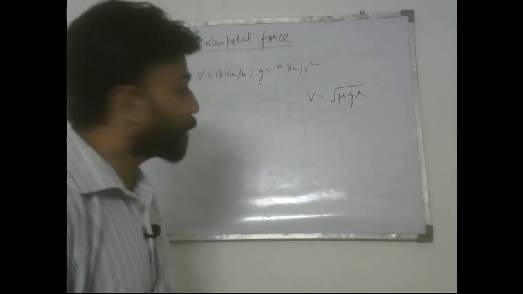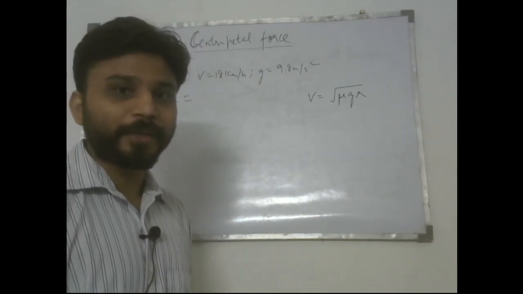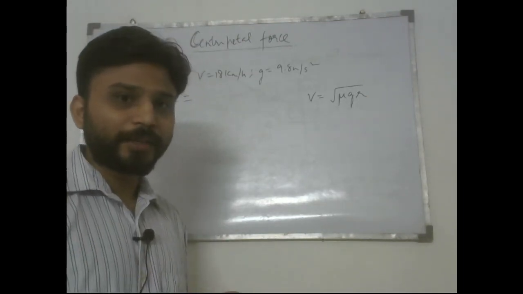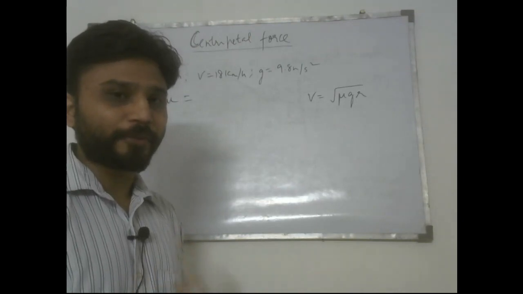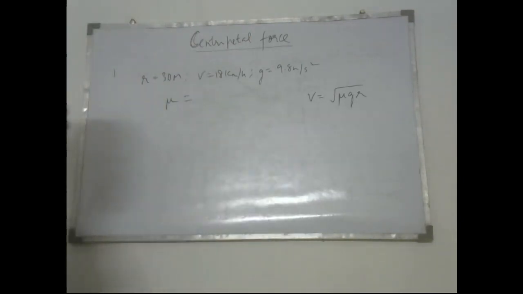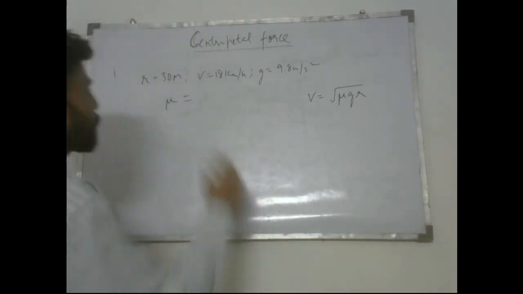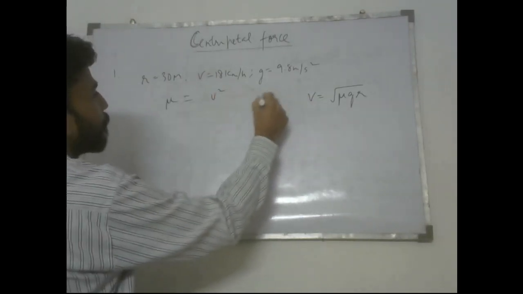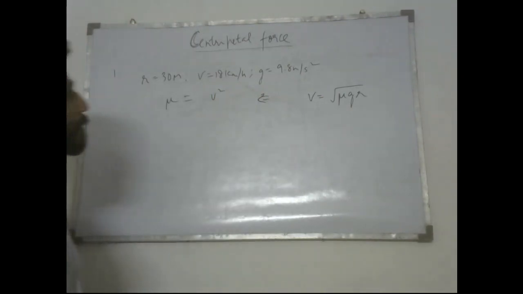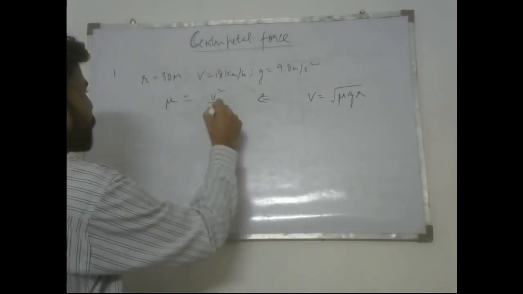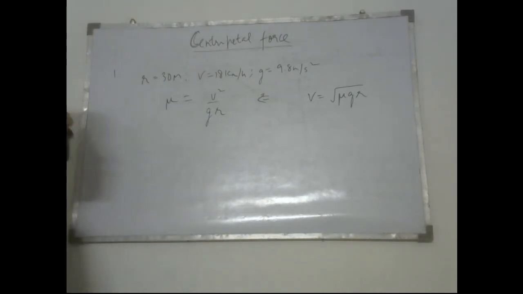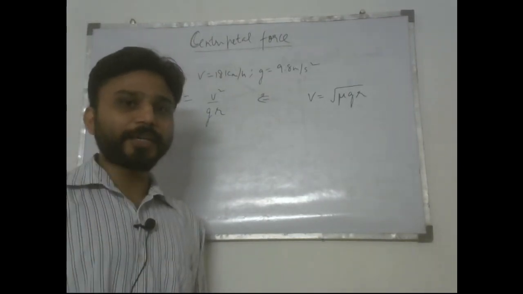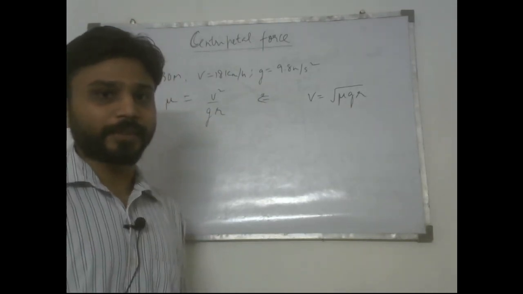So for a given value of mu we obtain v, or conversely, for a given value of v we obtain the minimum value of mu. So let's see the value of mu. What would be the value of mu? It would be equal to v squared divided by g into r. So this would be the value of mu. And let us try to use our intuition to answer this particular question.